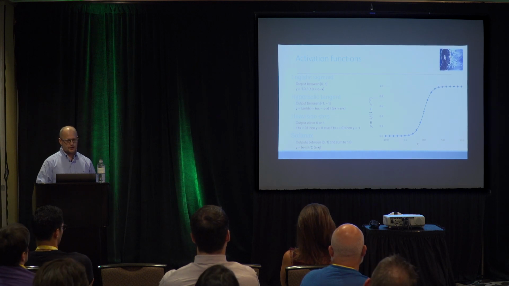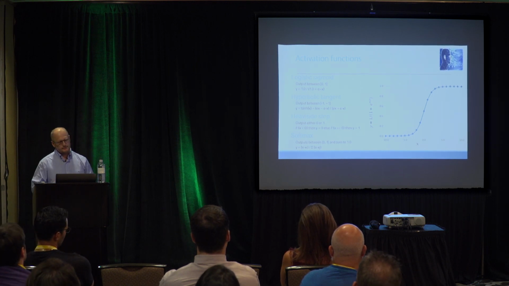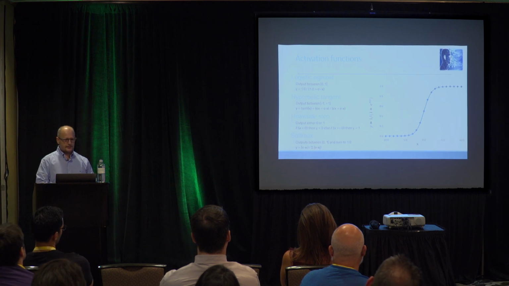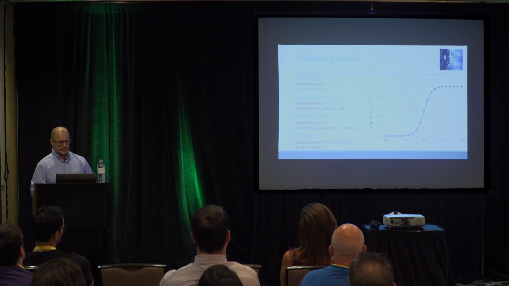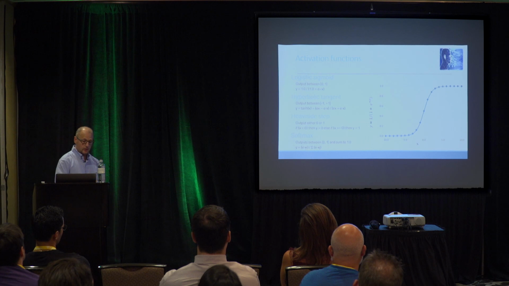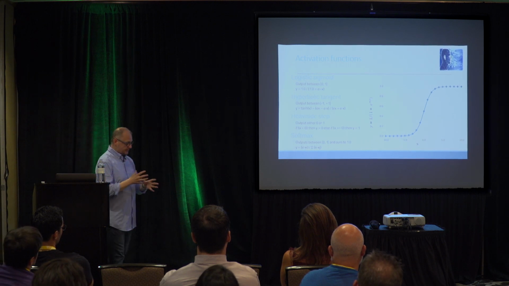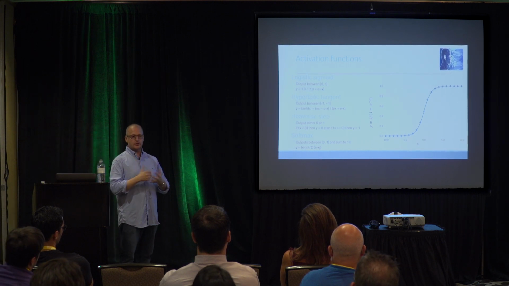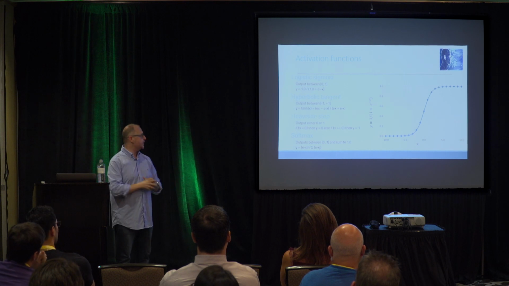So the activation function, take it really as it is, right? There are these activation functions whose main goal is to squeeze and massage the output into some sort of meaningful range, right?